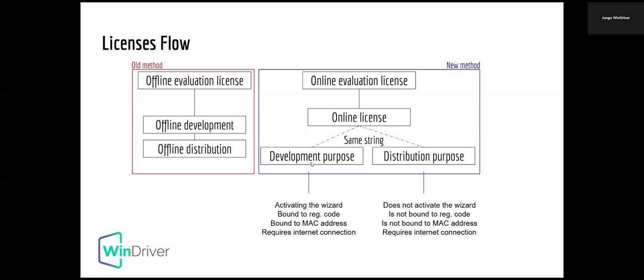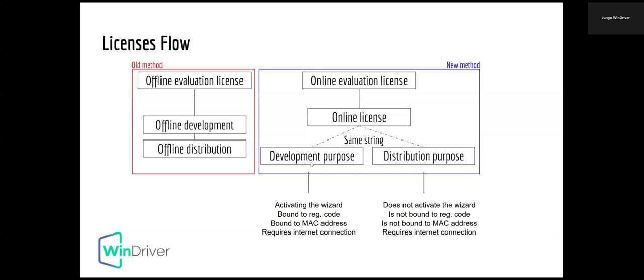The older versions of WinDriver are still available, however, not supported. So if you have an issue, let's say on 16.2 or 16.3, we will ask you to upgrade, because not only the licensing mechanism has been changed, but other things as well in the product.